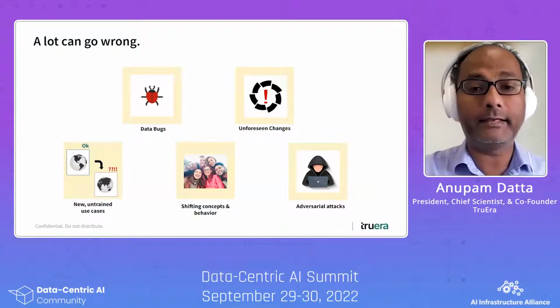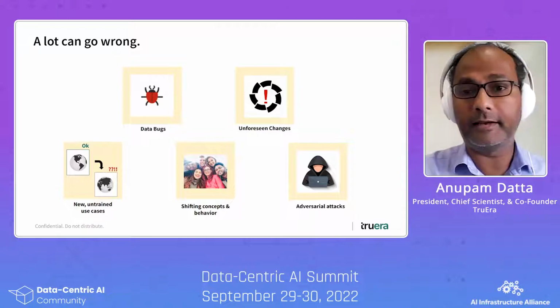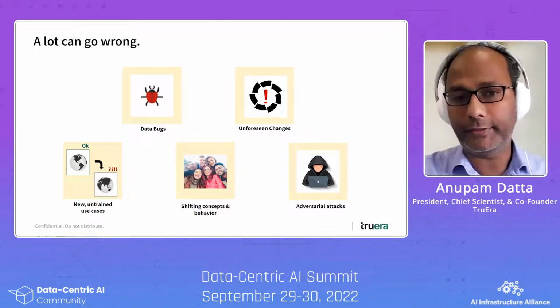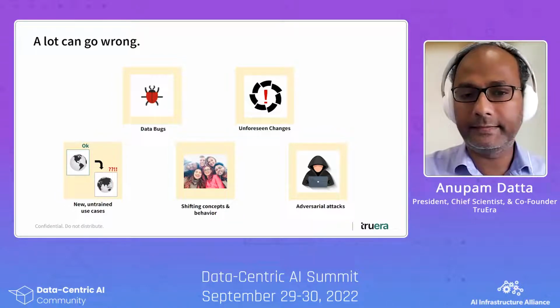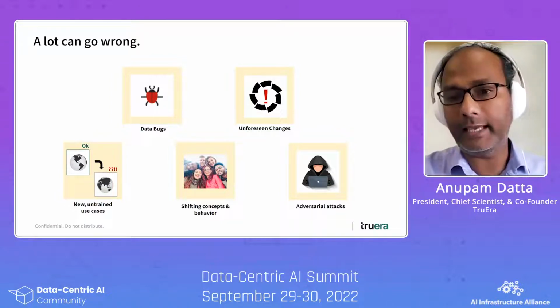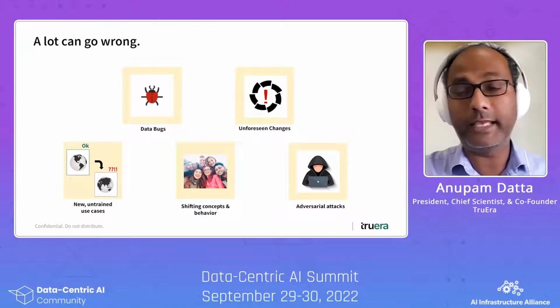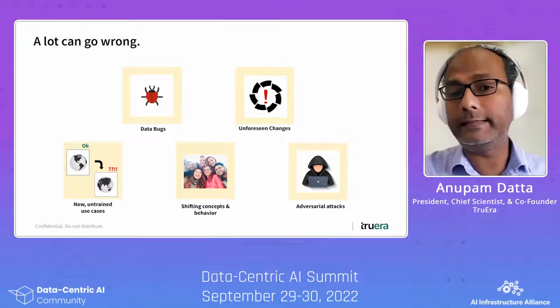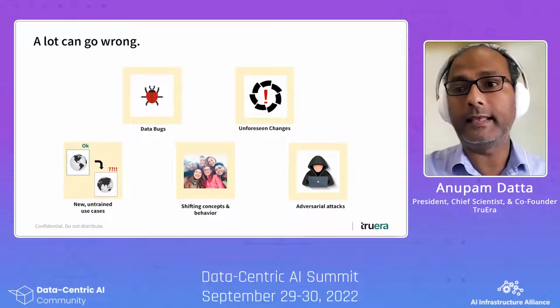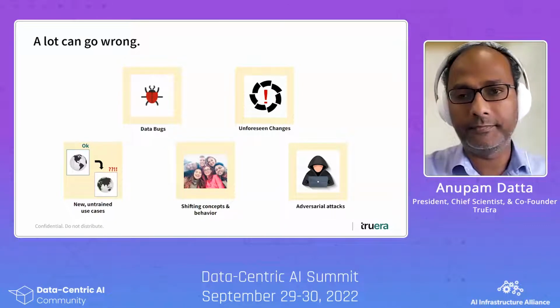There might be data pipeline bugs. There could be unforeseen changes in the world, new untrained use cases, shifting concepts and behavior, or even adversarial attacks. These are the kinds of problems that we have seen in production at a number of deployed installations with users across the world.